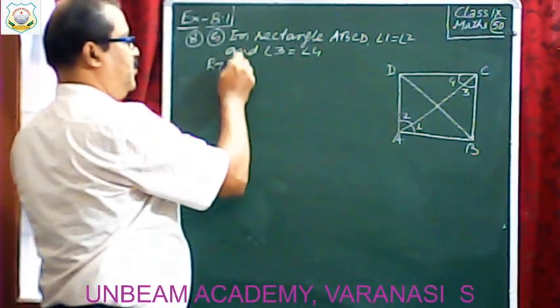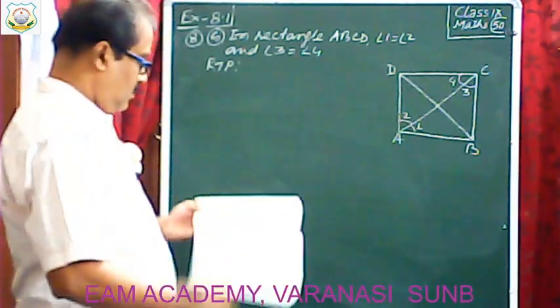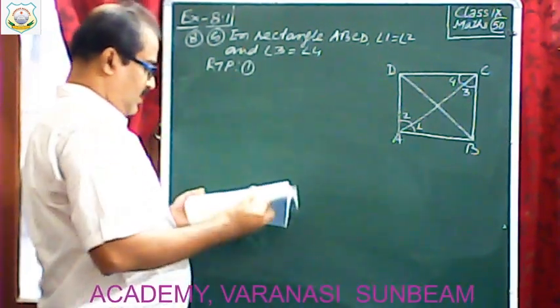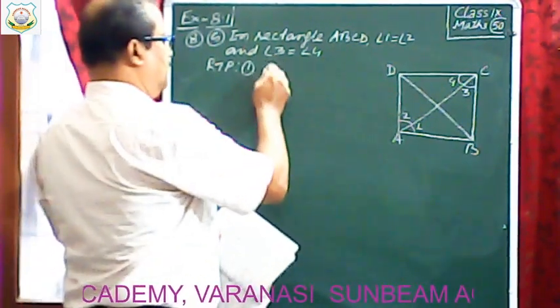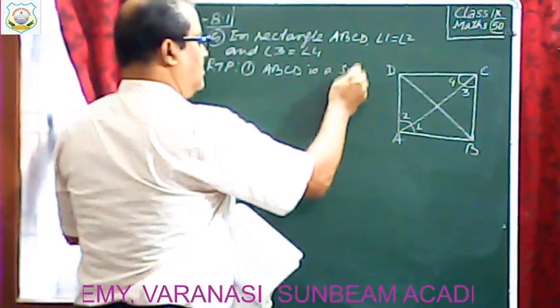Then required to prove. First, ABCD is a square.